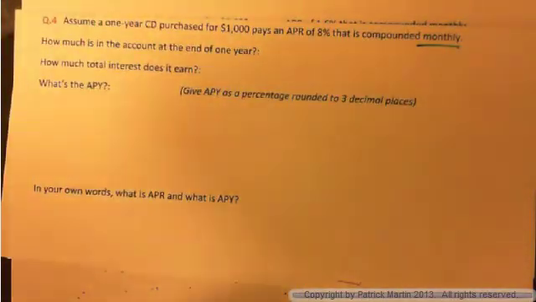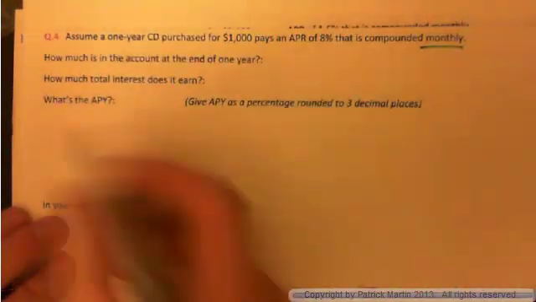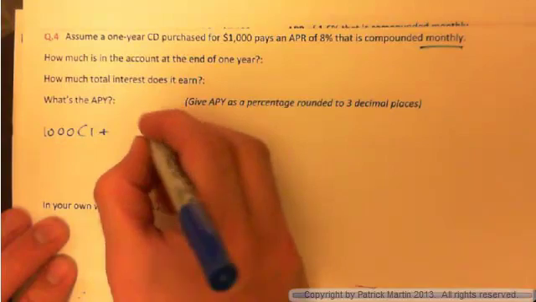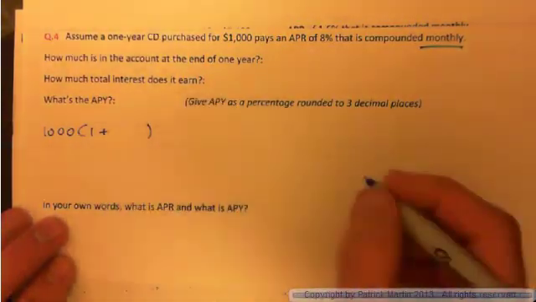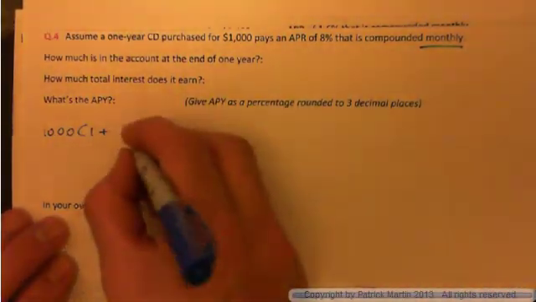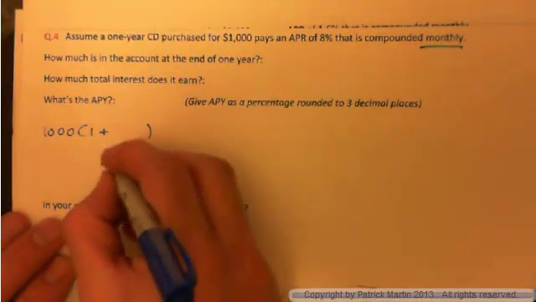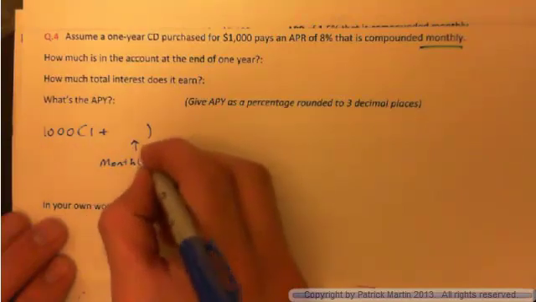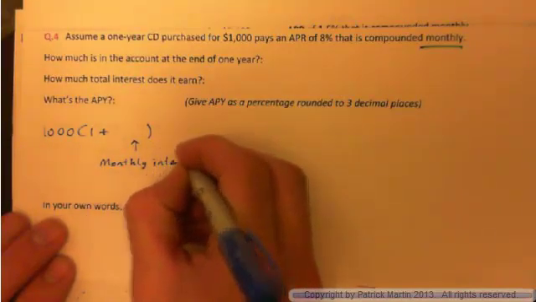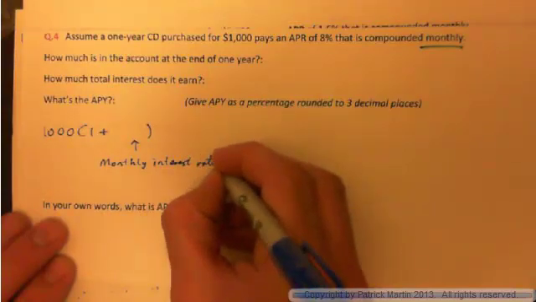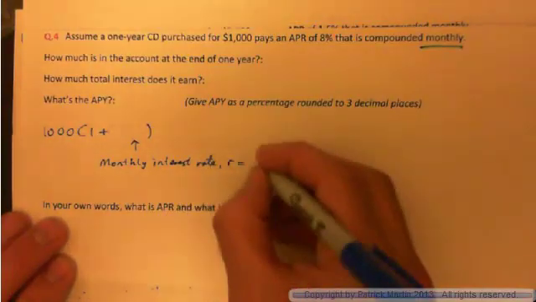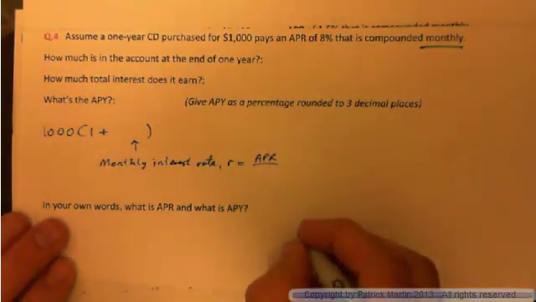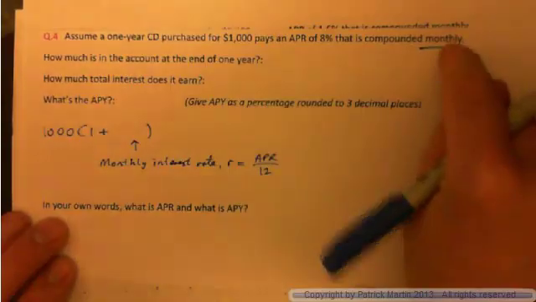So you're going to take your $1,000, and you're going to compound it monthly. So it's going to be 1,000, the principal, times 1 plus the rate to the power of t. Now what's the rate? Because what we need in here is a monthly interest rate, which is going to be the annual percentage rate divided by 12, because it's monthly compounding.